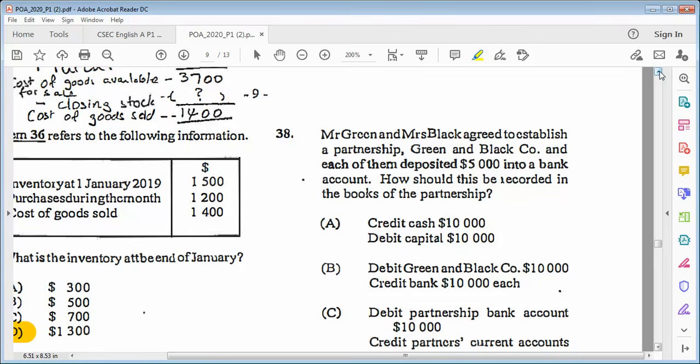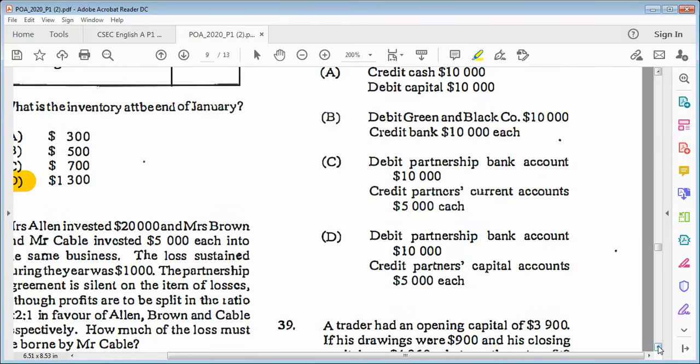So looking at option A, we know that couldn't be credit cash $10,000 debit. No, it would not be B either. So neither C. Our answer is D. We would debit partnership bank account $10,000 and credit partners capital accounts $5,000.